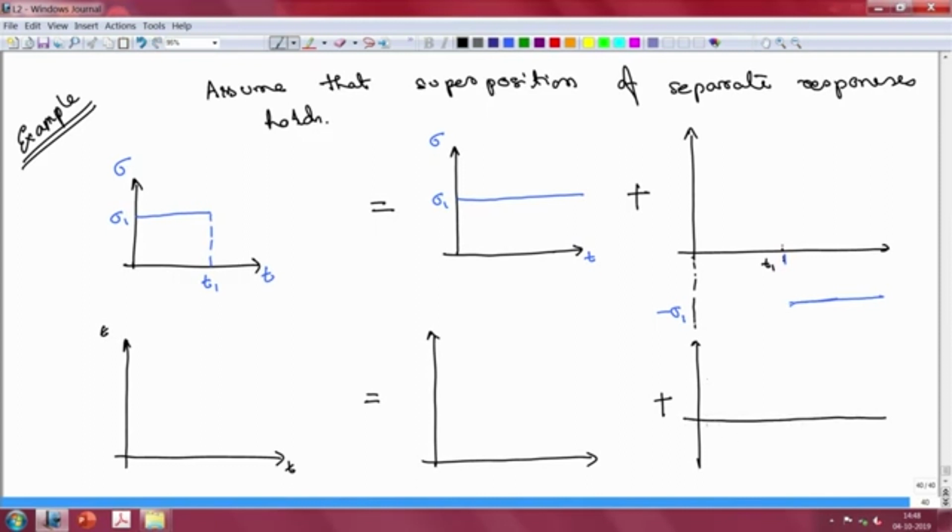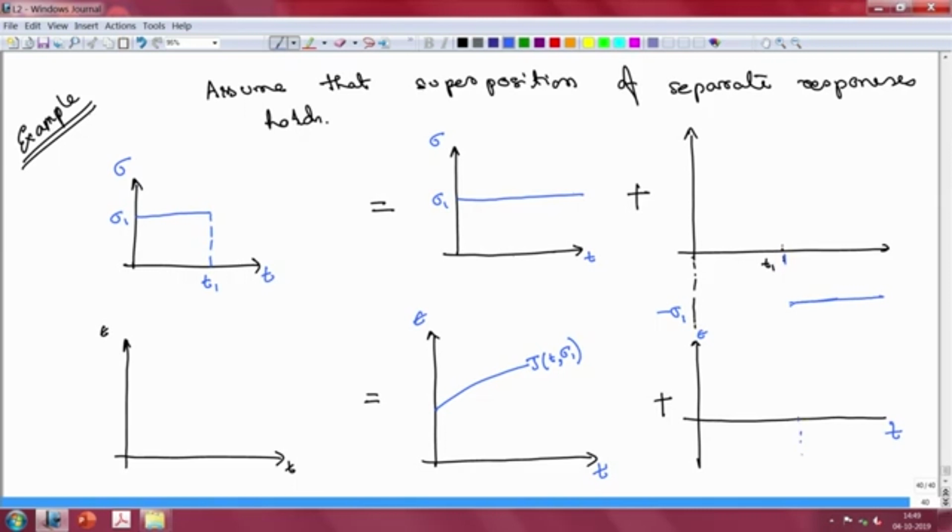For the second graph, I put the origin at a slightly higher position. So, we know the response to this, and that is simply the curve j t comma sigma 1. Let us say that is available to you.